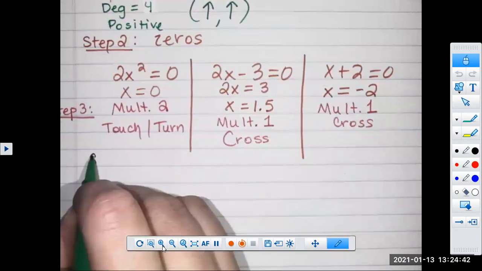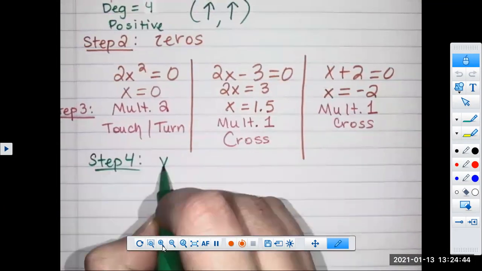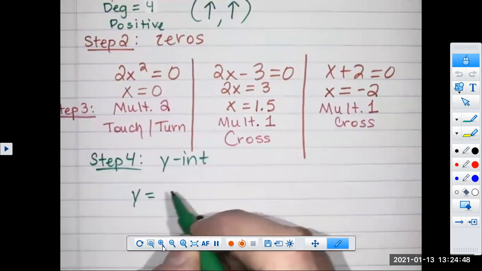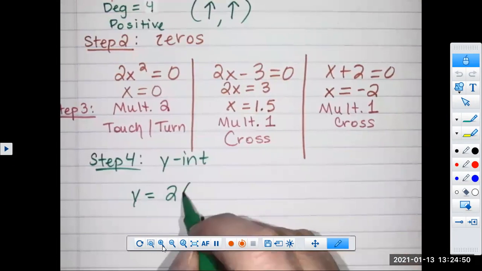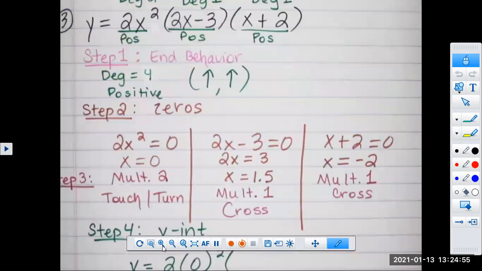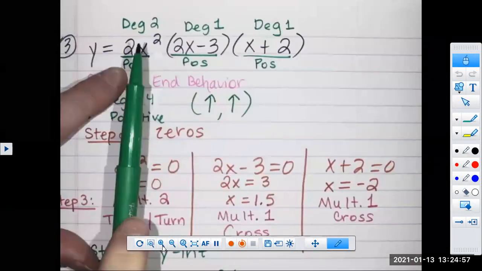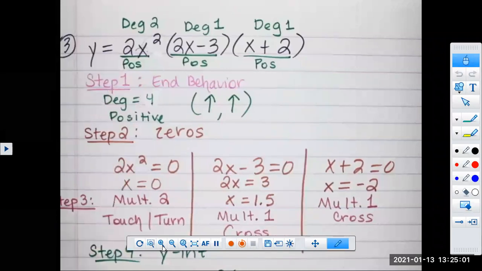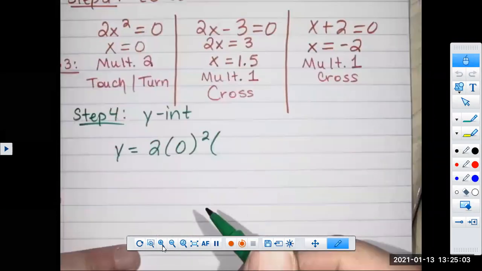Okay, last but not least, step 4, find y-intercept. Go through and plug in 0 for x. Look, guys, if you plug in 0 here, then you're going to have 2 times 0 times everything else. So what is it going to be? 0.